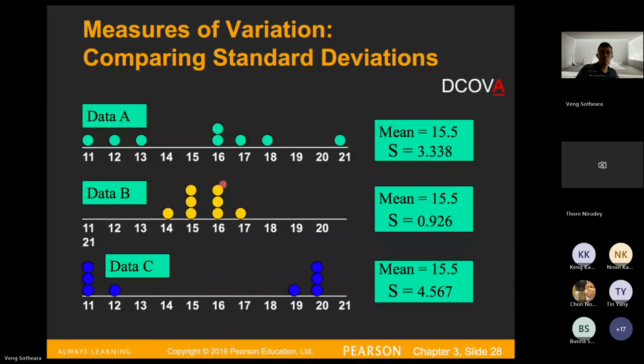Can you look at those diagrams and conclude which one has the smallest deviation in general, just by observing? Data A, data B, or C? Which one has the smallest spread, tending to be closest compared to the other groups? A, B, or C?